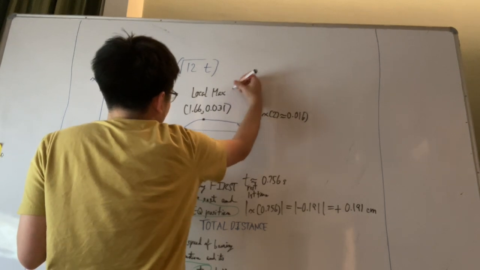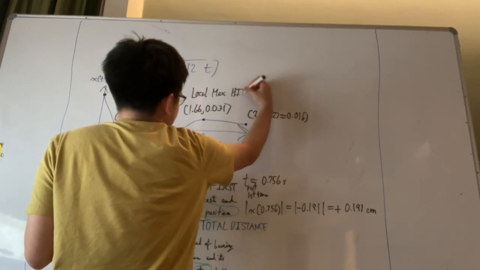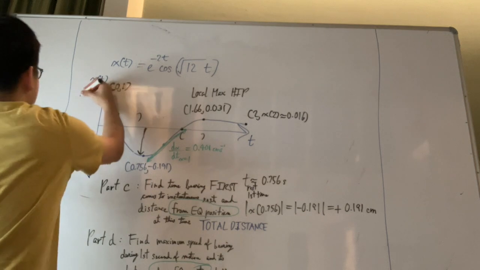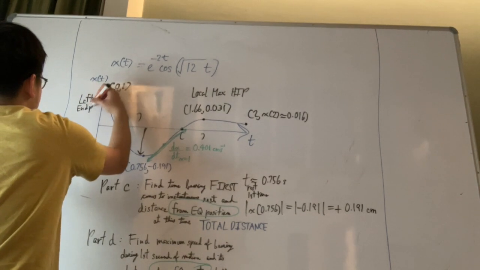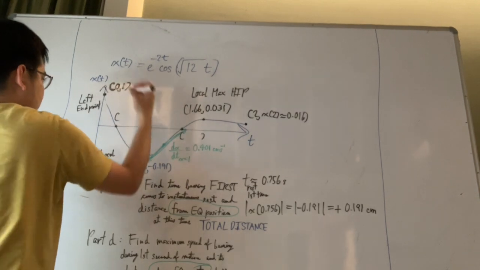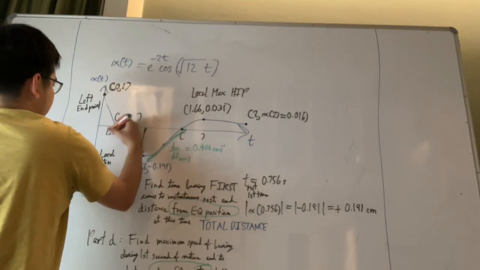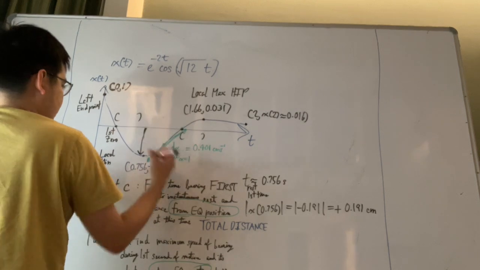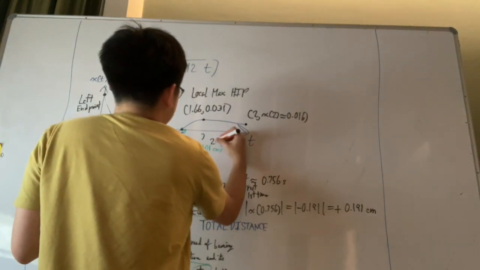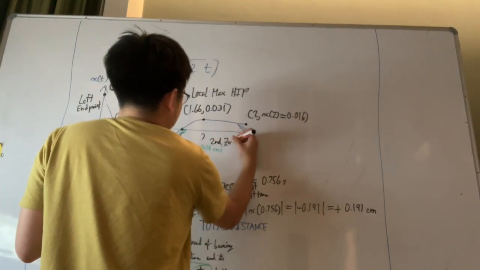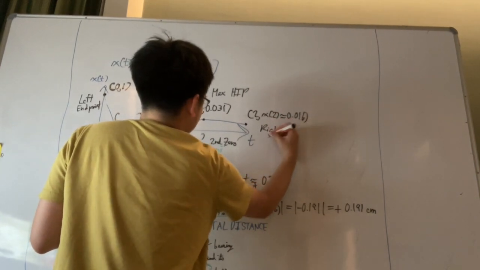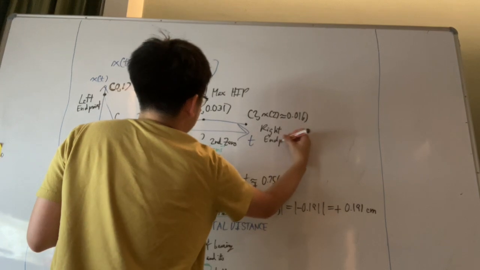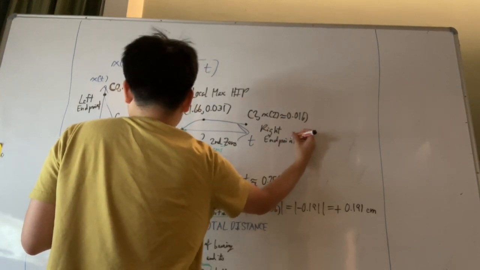Possibly could be a horizontal inflection point, I'll abbreviate it as HIP. This is the left endpoint. This is the first zero. This is the second zero. And this is the right endpoint for the domain that we're looking at here.